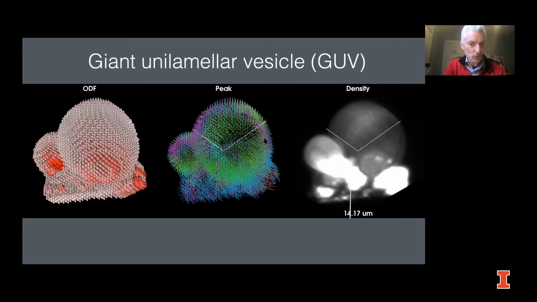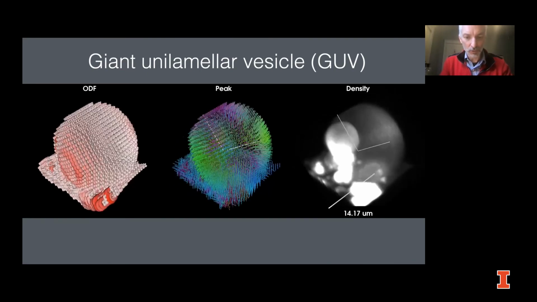So it should look like a koosh ball, the reconstruction. And that's what we're seeing. The ODFs are generally sticking out radially, and we can see that the peaks are generally in the right direction. The color coding is indicating the general direction, and these are approximately consistent with what we would expect.